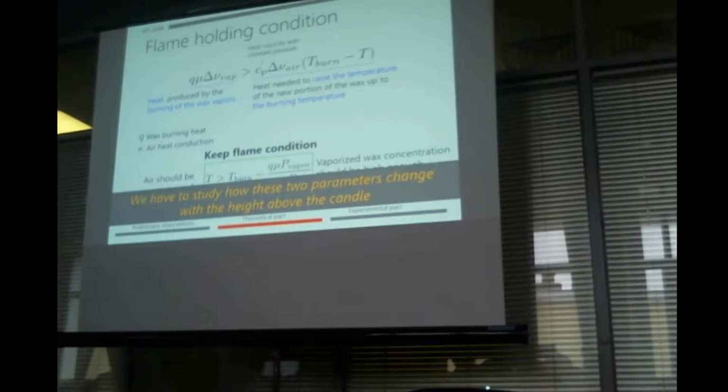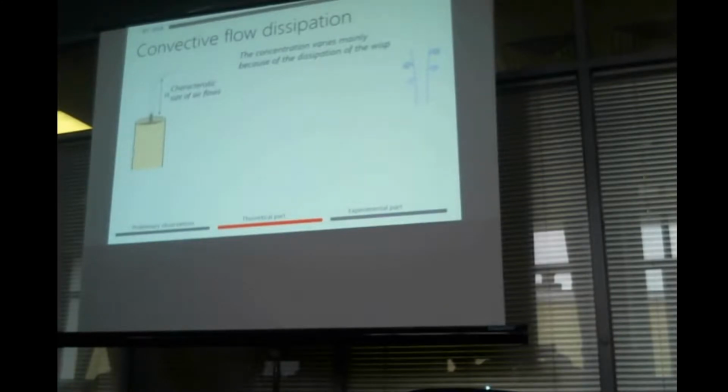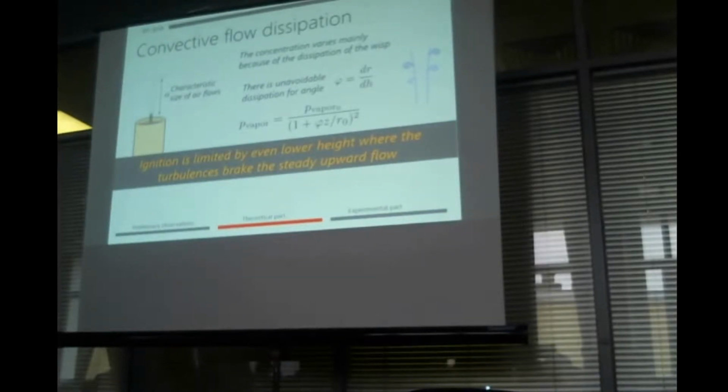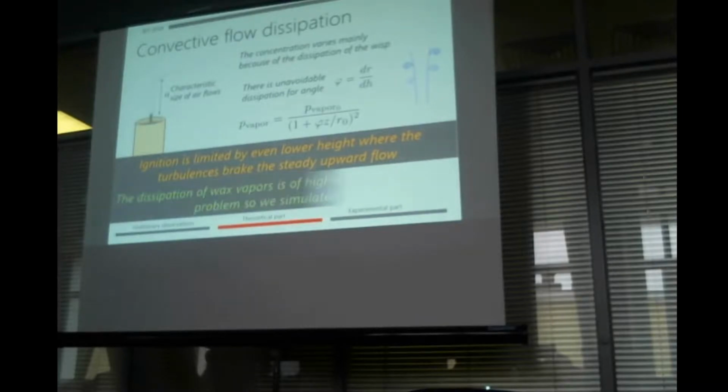So we have to study how these two parameters change with the height above the candle. To do this, we can characterize the angle of dispersion phi and write the law of pressure decrease with the height. Also, we understand that ignition is limited by an even lower height, where the turbulences break the steady upward flow.